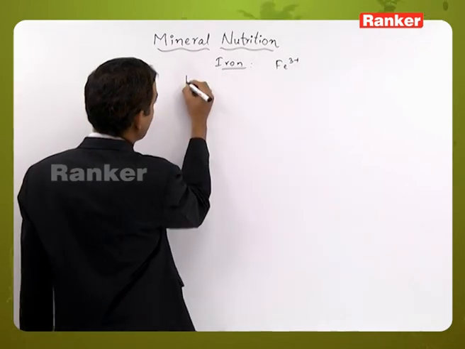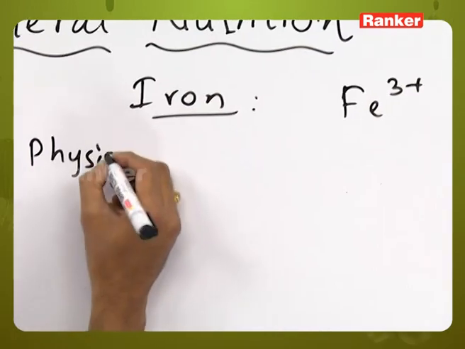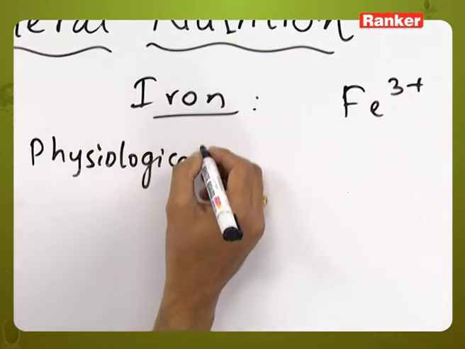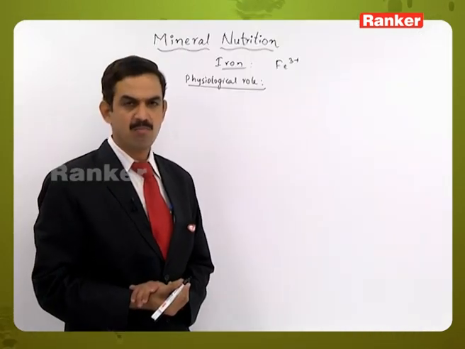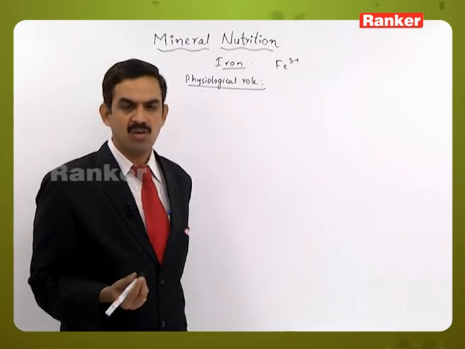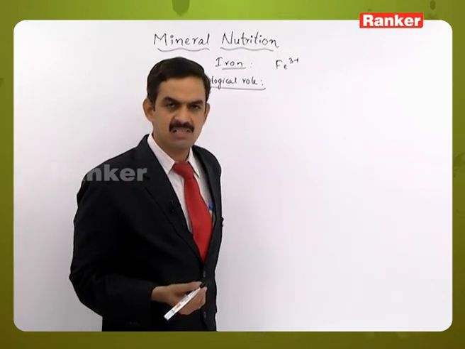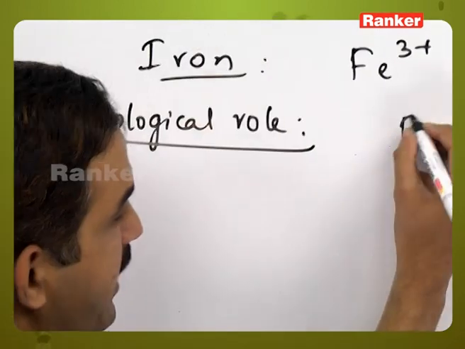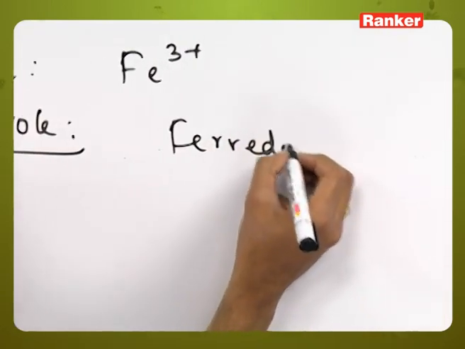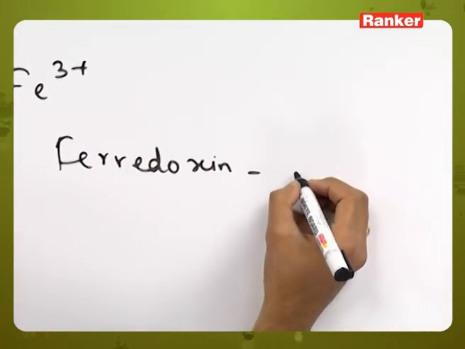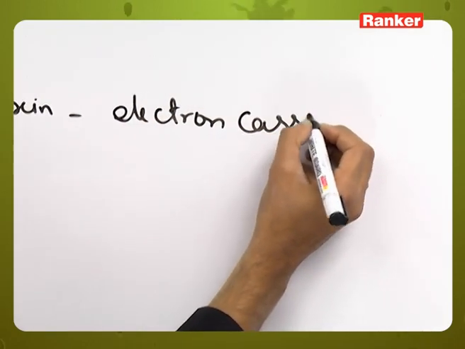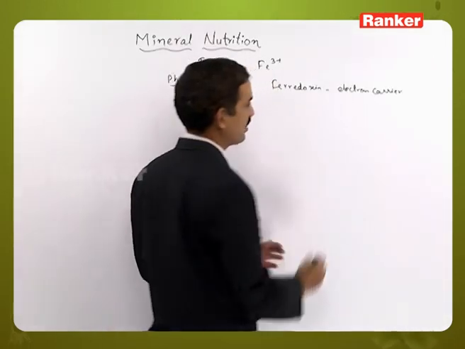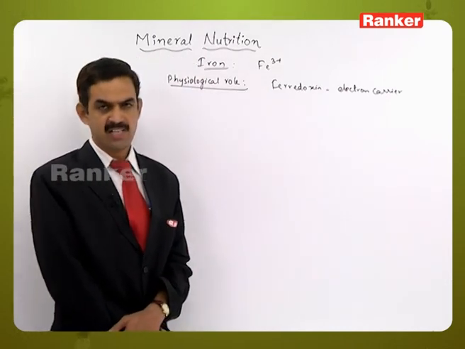So if you see the physiological role of this iron, it is very important in the process of electron carriers. We know that ferredoxin is one of the major electron carriers during the process of photosynthesis and respiration.